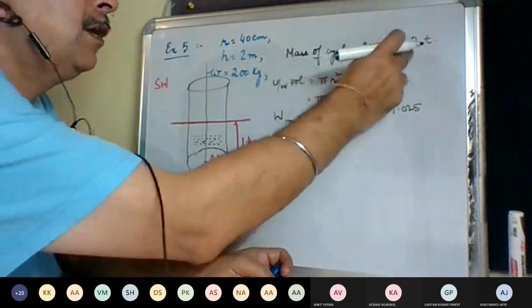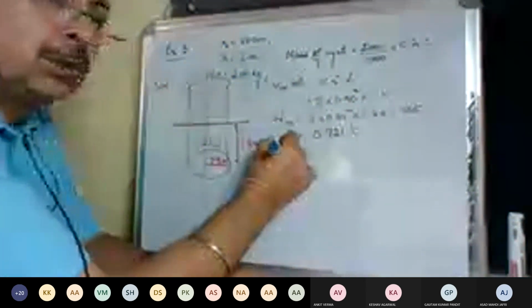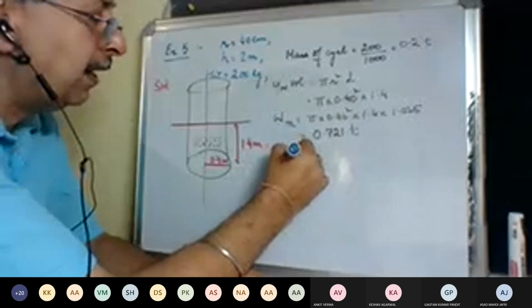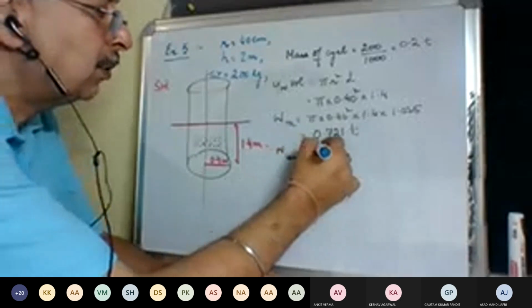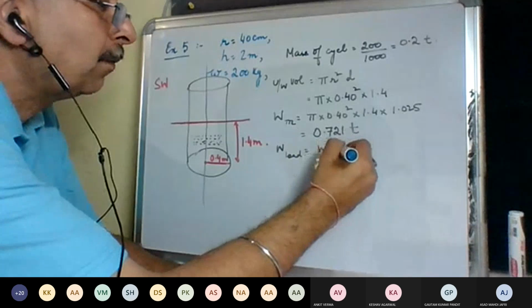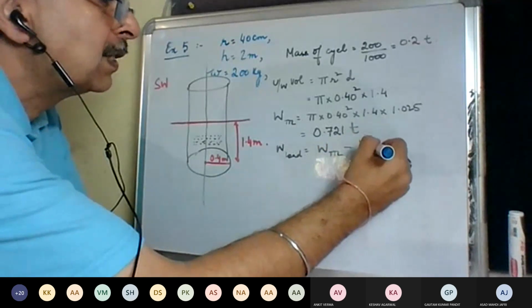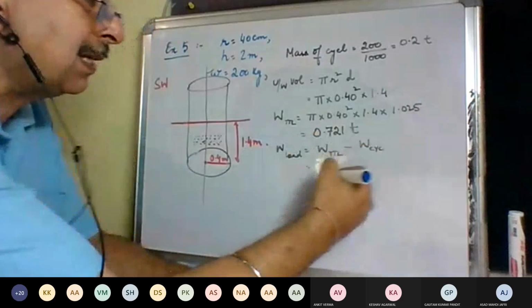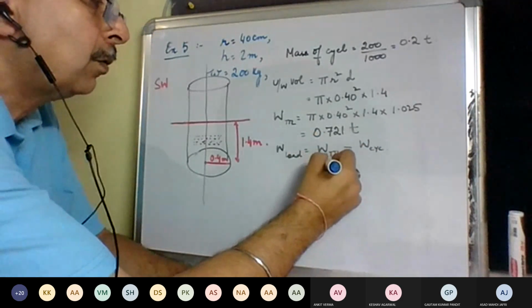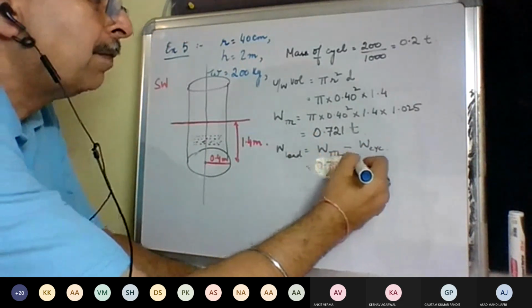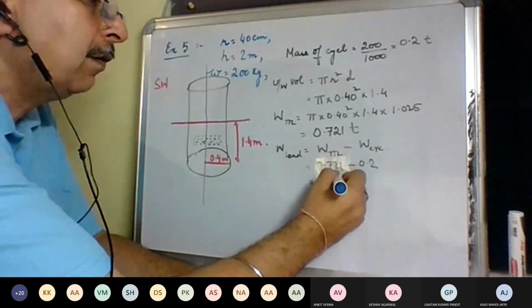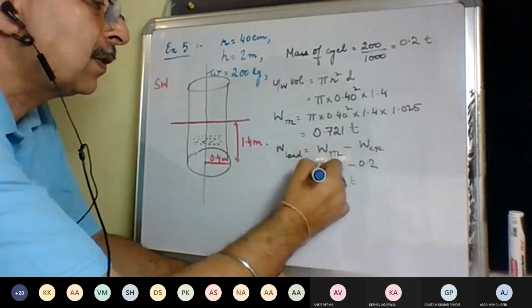And the mass of the cylinder alone is so much. So therefore, the weight of the lead is equal to weight total minus weight of the cylinder, or mass of lead is equal to mass total minus mass of cylinder. So 0.721 minus 0.2, 0.521 tons.